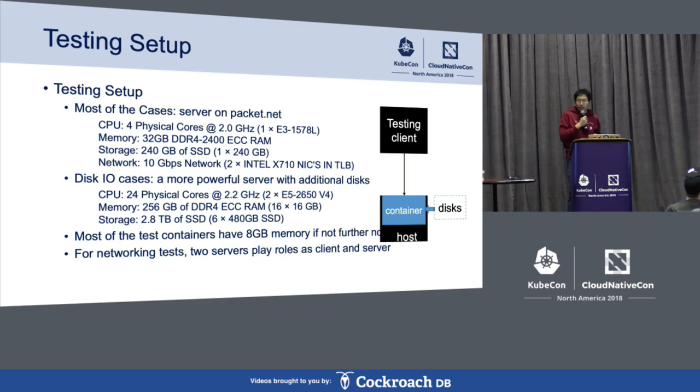We use an instance from packet.net, and we pay for this; they didn't donate for this test. And for disk I/O, we use a more powerful server that has more disks for the test and for more cases. Also, we have some virtual machine instances from Google Cloud to do more tests for the nested part.